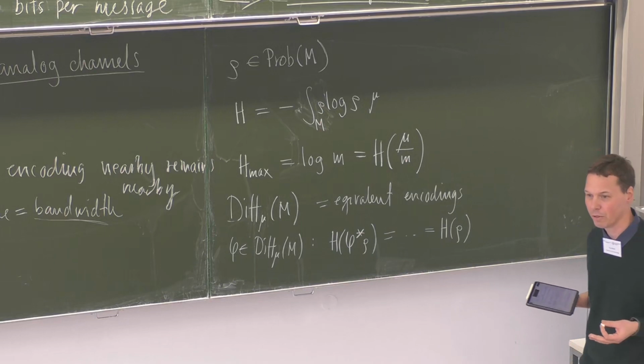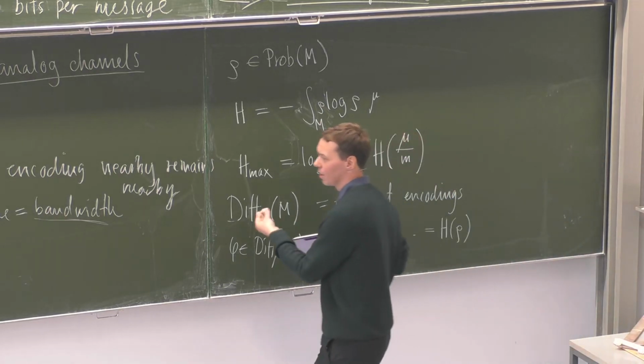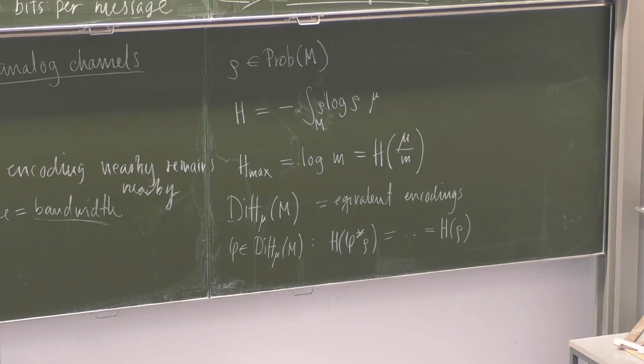It's an equivalent encoding. But the point is that you can get non-equivalent encodings by applying the whole group of diffeomorphisms.